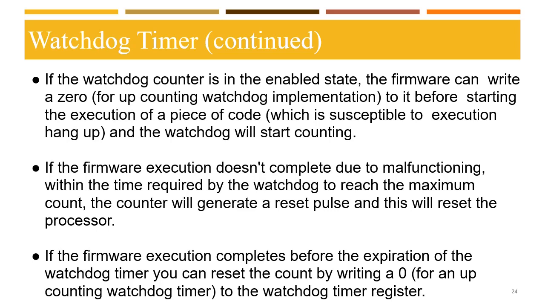If the firmware execution does not complete due to malfunctioning within the time required by the watchdog to reach the maximum count, then the counter will generate a reset pulse and this will reset the processor. If the firmware execution completes before the expiration of the watchdog timer, you can reset the count by writing a 0 to the watchdog timer register if the watchdog is an up count timer.